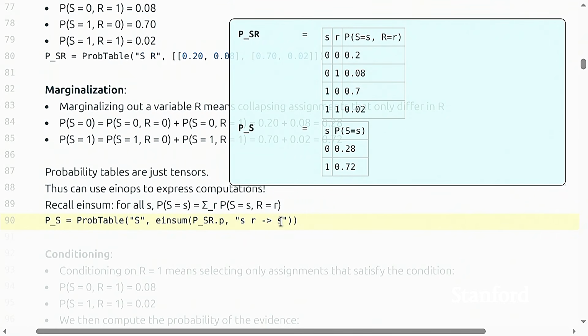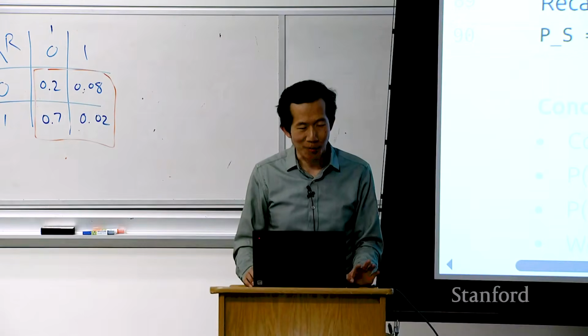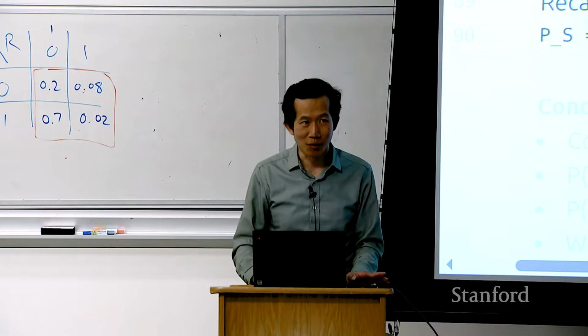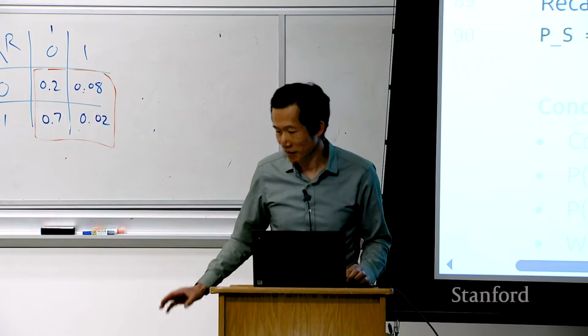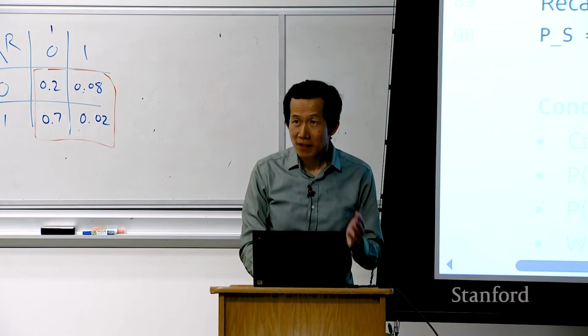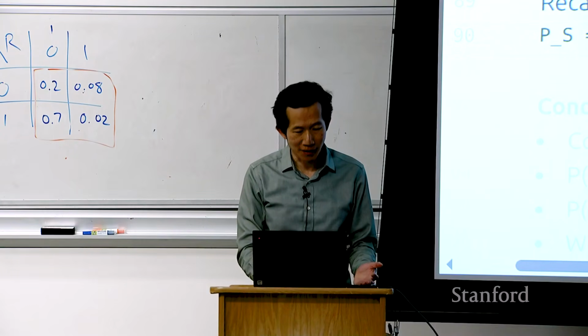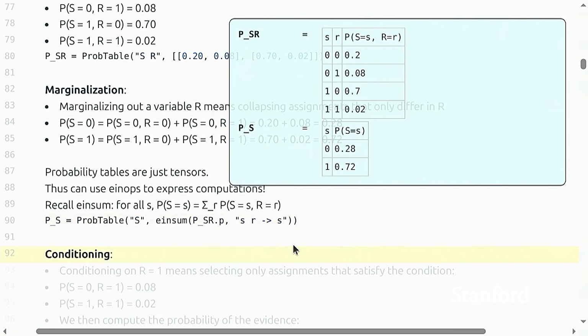So the way to interpret this is that for all values of S, I sum over R, or in general, the variables that don't show up on the right-hand side. I know einops was a bit confusing at first, so maybe I'll just pause and make sure that people understand einops or marginal probabilities.